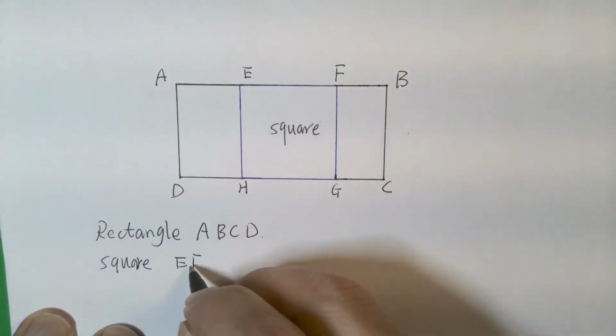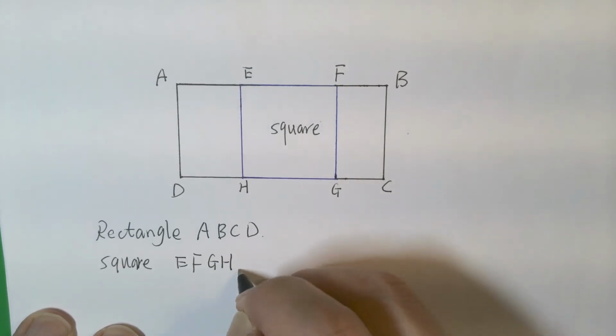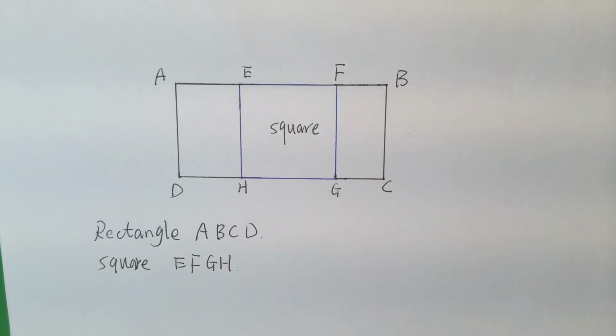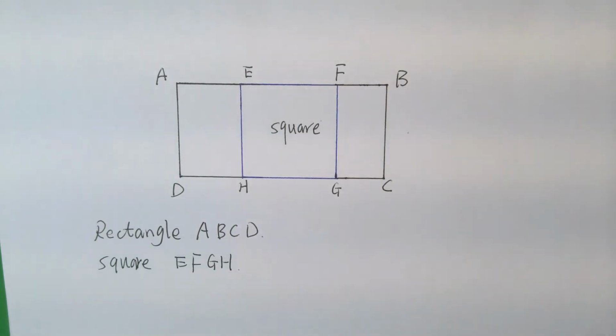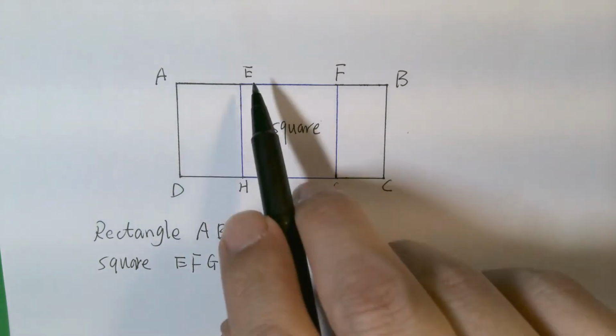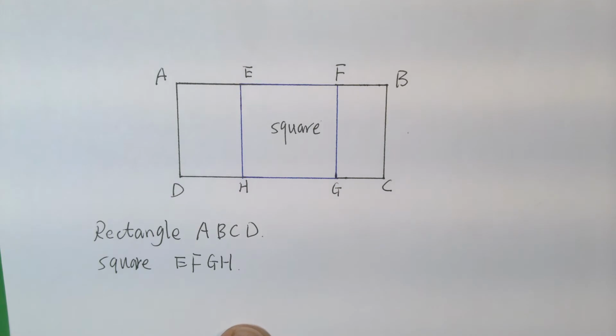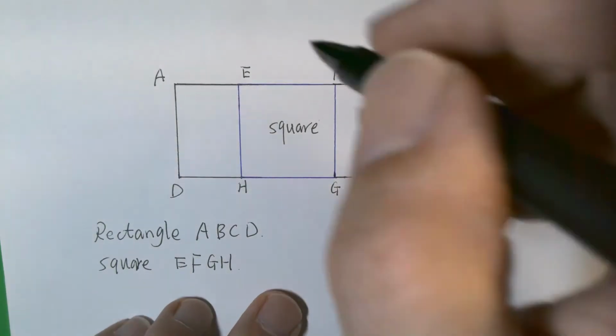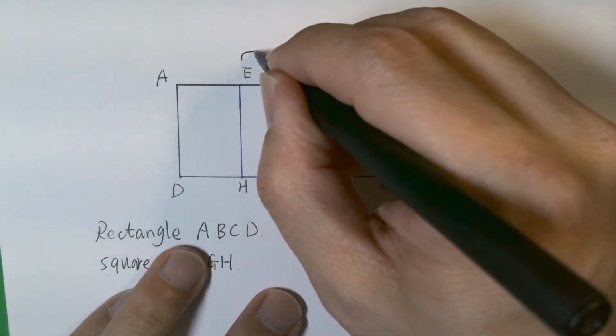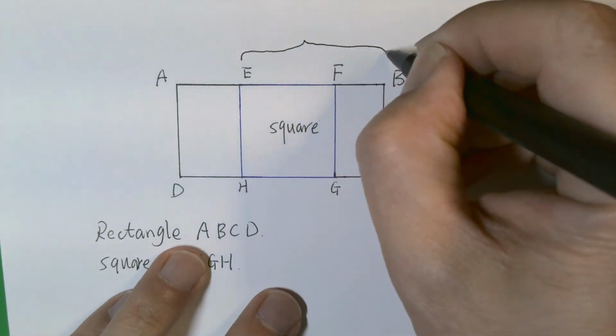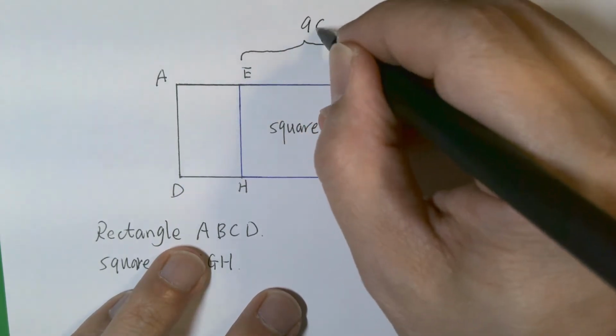Now we know some distances, which include the distance from E to B is 9 centimeter, from here to here.